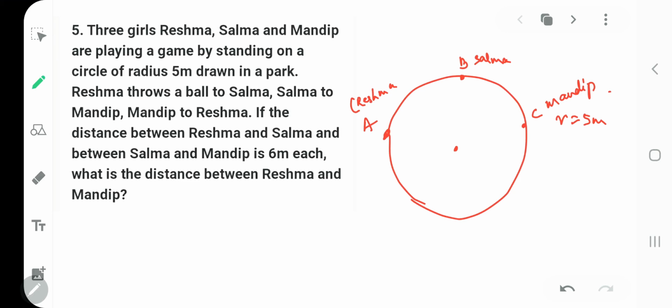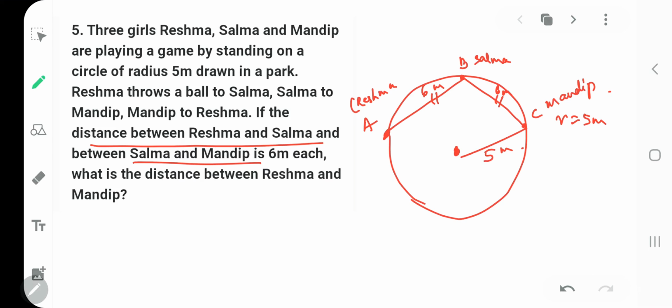And as the question says, the distance between Reshma and Salma, that is AB, is equal to the distance between Salma and Mandeep, that is 6 meters each. And the radius is given as 5 meters. So all this information is given.